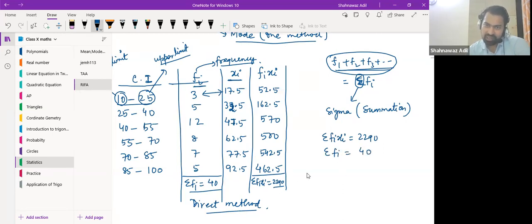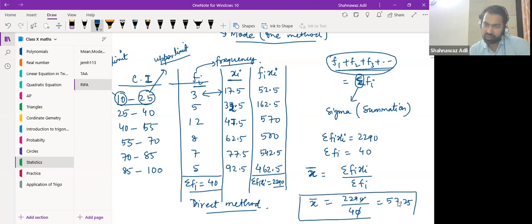So in the direct method, mean is represented by x bar, right? And in the direct method, this is calculated as summation of fixi divided by summation of fi. So this is equal to 2290 by 40, which is 57.25. So this is the average, or we call this the mean.